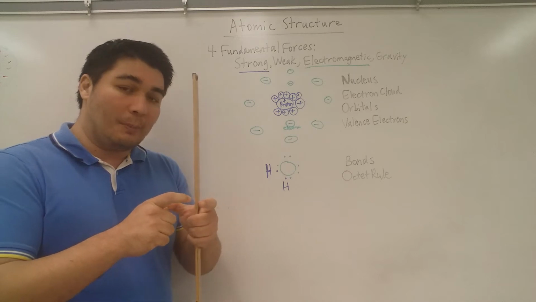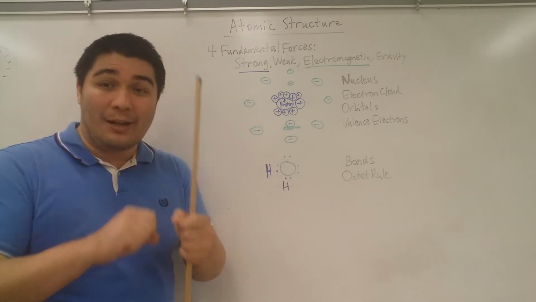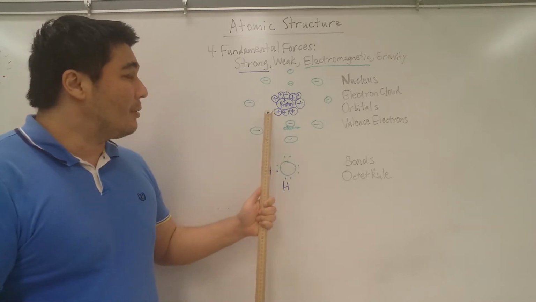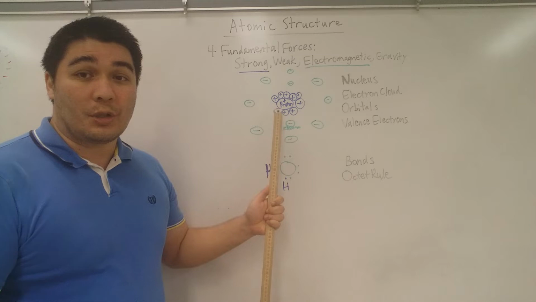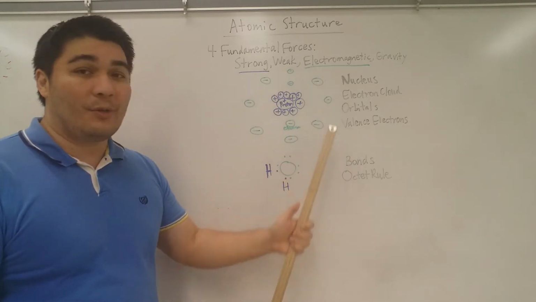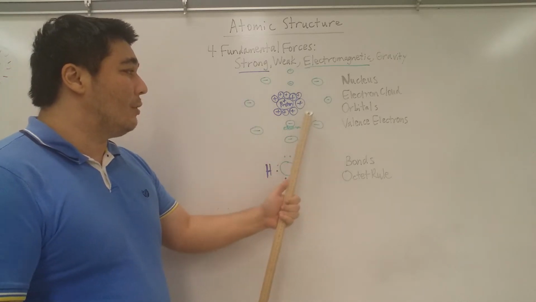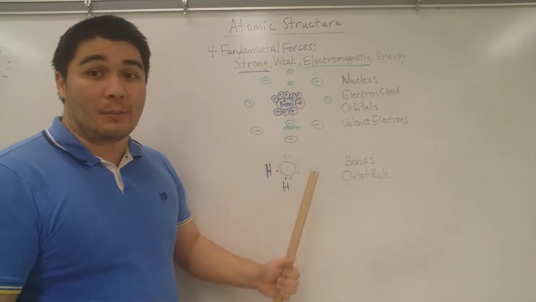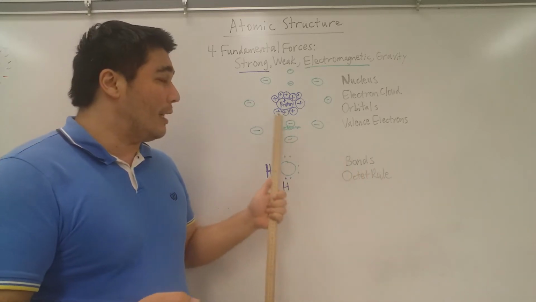So if you force the protons together close enough, they will actually stick together and not come apart. That's what creates a nucleus like this, where all the protons are super close to each other and the electrons are kind of hovering away from them. So that's what makes the nucleus of an atom. That actually is the basic structure of an atom right here.